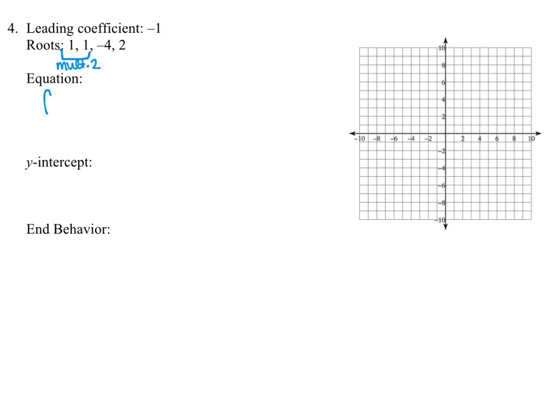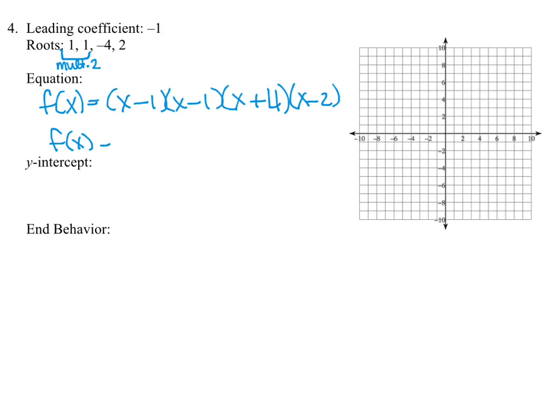So when I write my equation, I can either write out x minus 1 twice, or I can write it as x minus 1 squared. And then make sure I change the sign for the other roots. One other thing not to forget is my leading coefficient. That just means I have a negative out front.